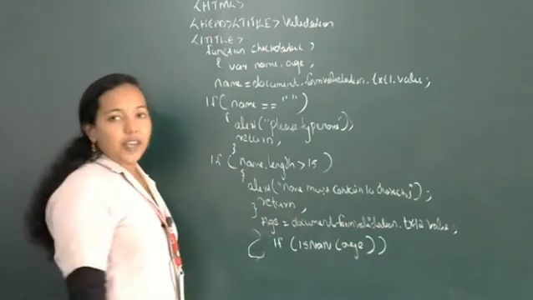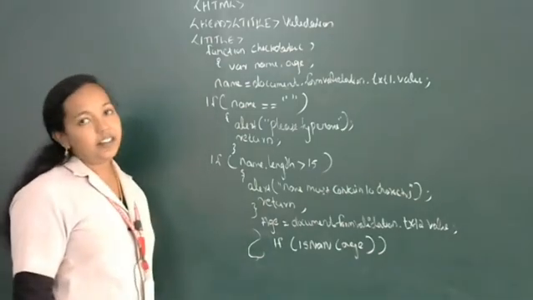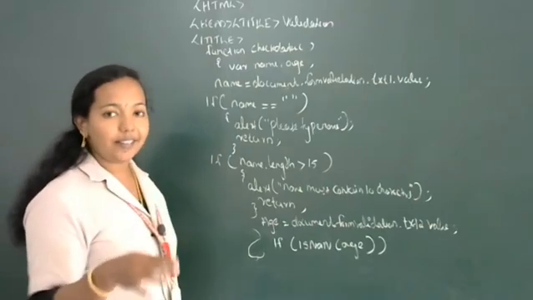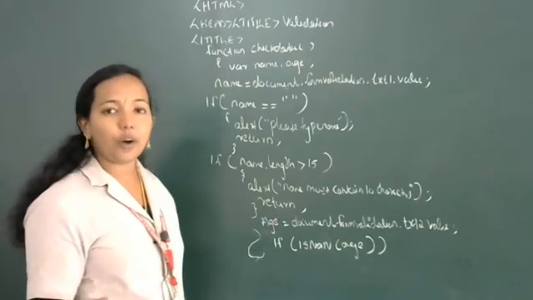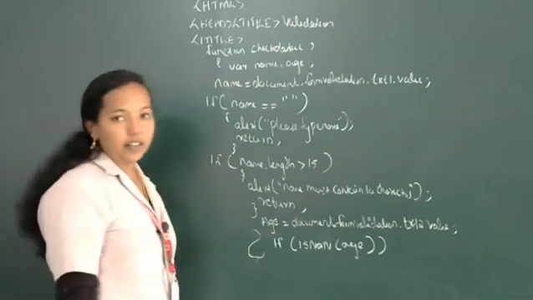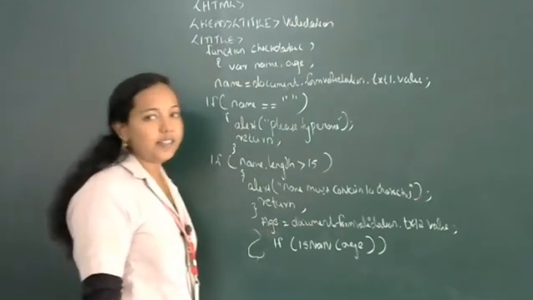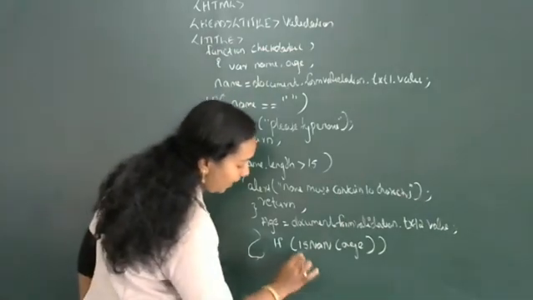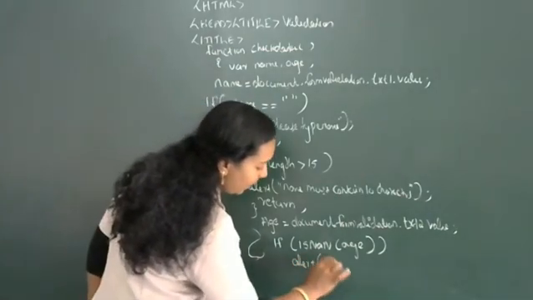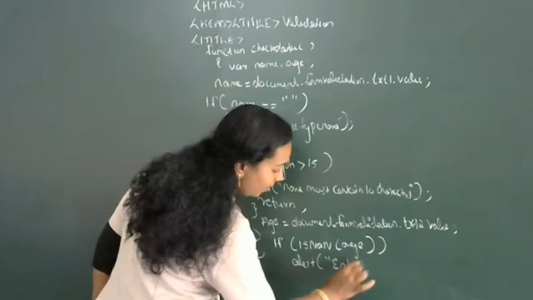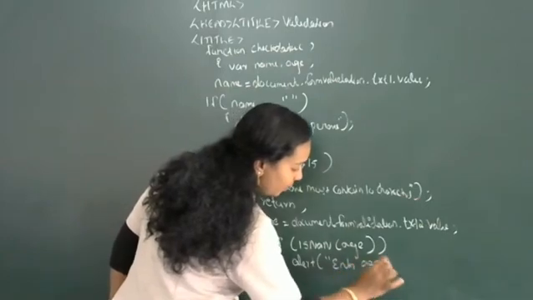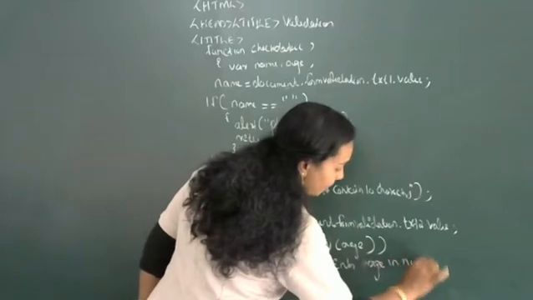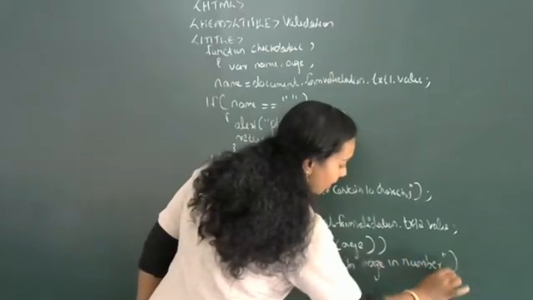This function checks whether the entered variable, or in that text box, it contains a number or not. If it returns true, meaning it is not a number, what do you want to do? You want to display an alert message. Alert, enter age in number.